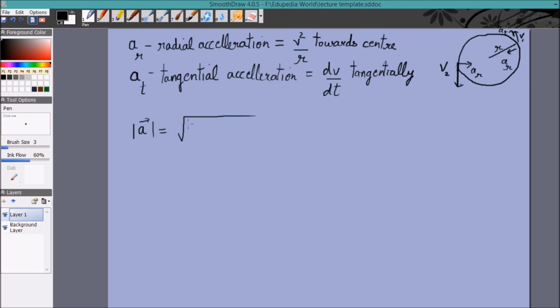So the magnitude of acceleration will be root of (v squared by r) whole squared plus (dv by dt) whole squared. And you could also find the angle with any one. For example, the angle with the radial direction will be theta equals tan inverse of (dv by dt) by (v squared by r).